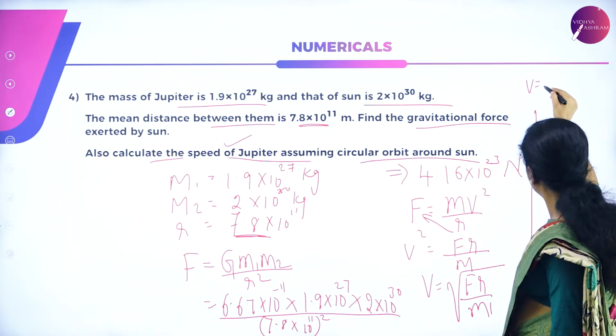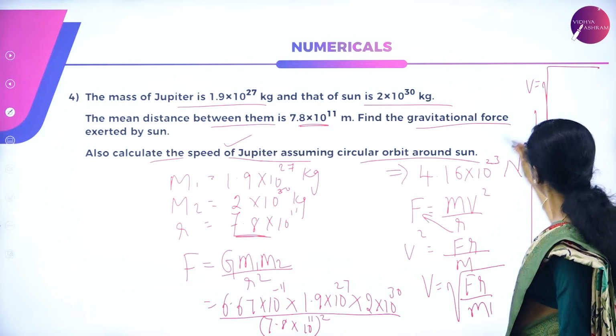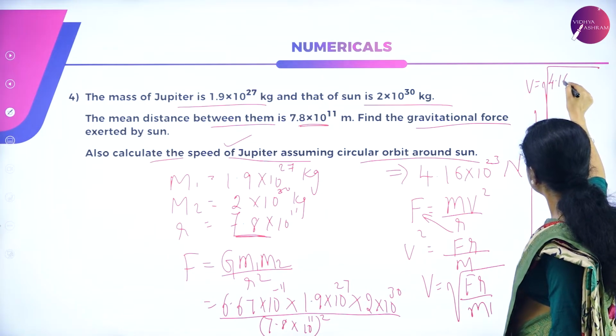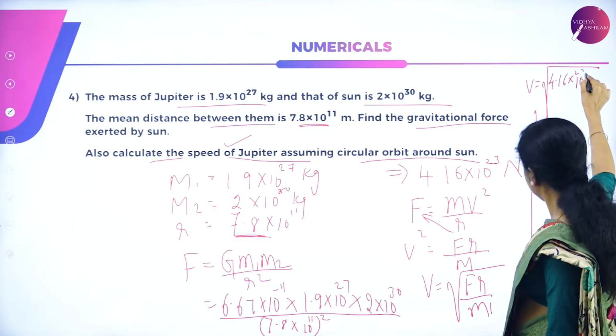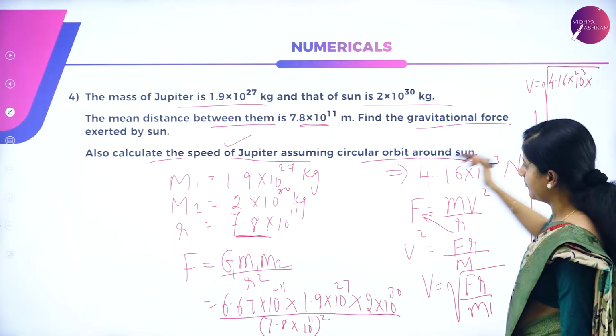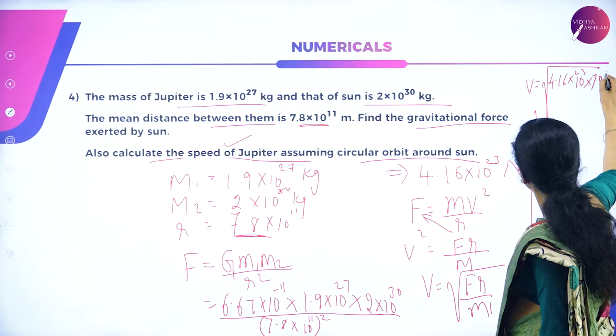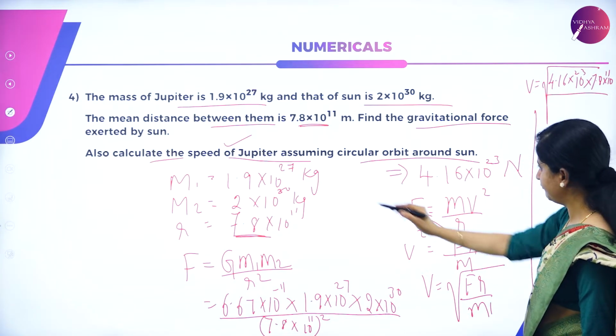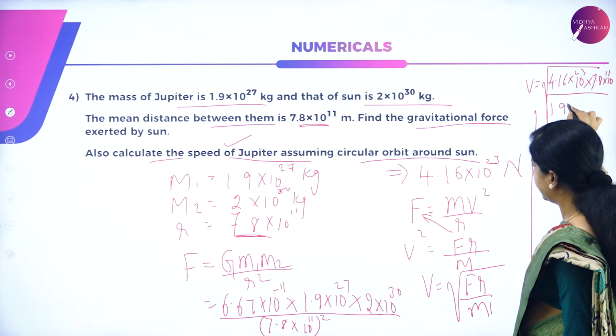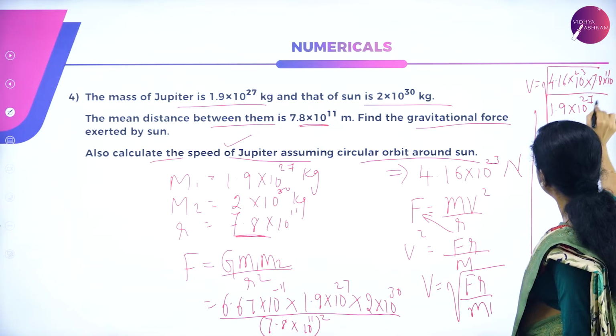So v is equal to the square root of F, whose value is 4.16 × 10^23, and r is nothing but the distance of separation, that is 7.8 × 10^11, divided by m1, which is 1.9 × 10^27.